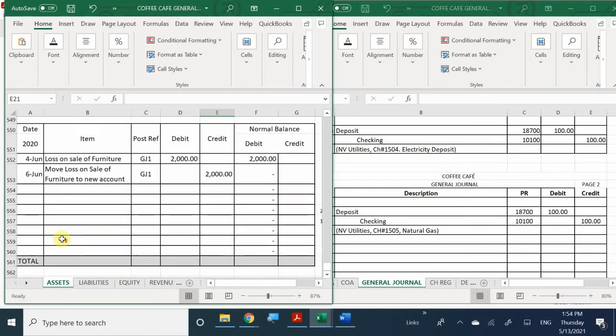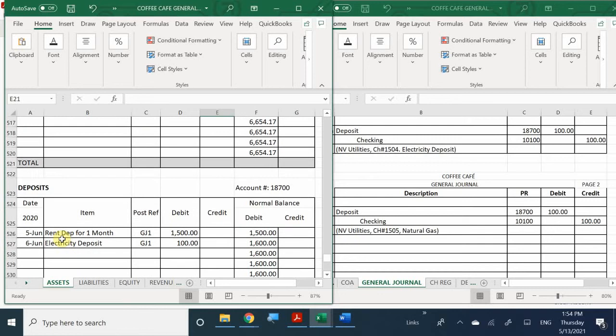Here are my deposits. Again, the date. Now, instead of electricity deposit, we could say this is for the natural gas deposit. If you'd like, you could also attach your check number here. It's up to you. Once again, it's your description on how much detail you want to reflect in both ledger and journal. But we're on number 2 now.